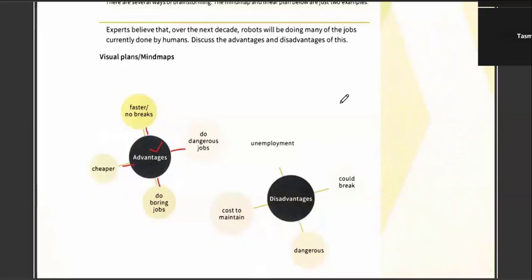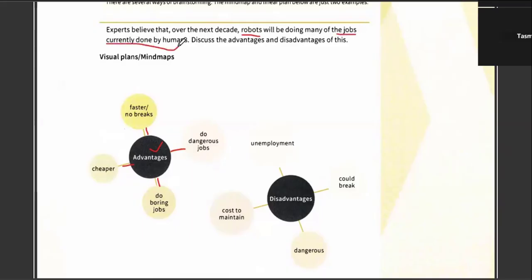First, let's see the topic. The topic is experts believe that over the next decade, robots will be doing many of the jobs currently done by humans. Discuss the advantages and disadvantages. So from here, what are the topic words? Robots, very good, then jobs currently done by humans.